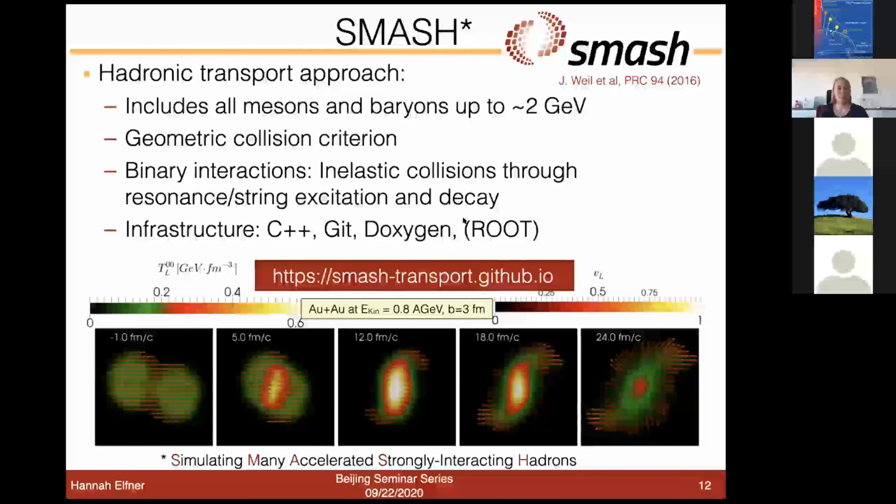I have a list a few slides from now. We use a geometric collision criterion, and we have mainly binary interactions. So we have inelastic collisions through resonances and string excitation and decay. And if you are interested, I have a whole list at the end, but this is the main web page to get all the information you might need about the approach.